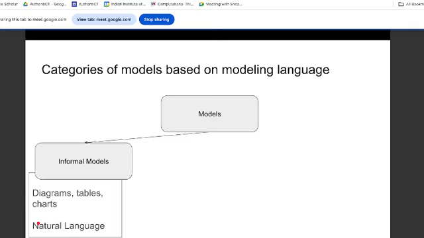So basically all the descriptive models lie in this part, where we use natural language to model the user's behavior in terms of diagrams, tables and charts, or even natural language description also is a part of informal model.